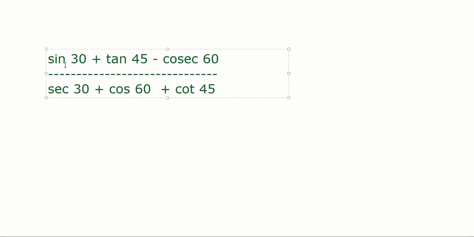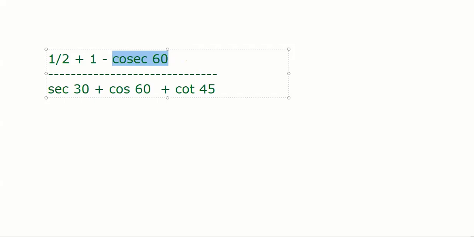Guys, I am putting here itself. Sin 30 कितना होता है everybody? So 1/4, so 1/2. Right everybody? Tan 45 कितना होता है? Yes. 1. Good. Cosec 60. First sin 60 find करेंगे 0/4, 1/4, 2/4, 3/4.